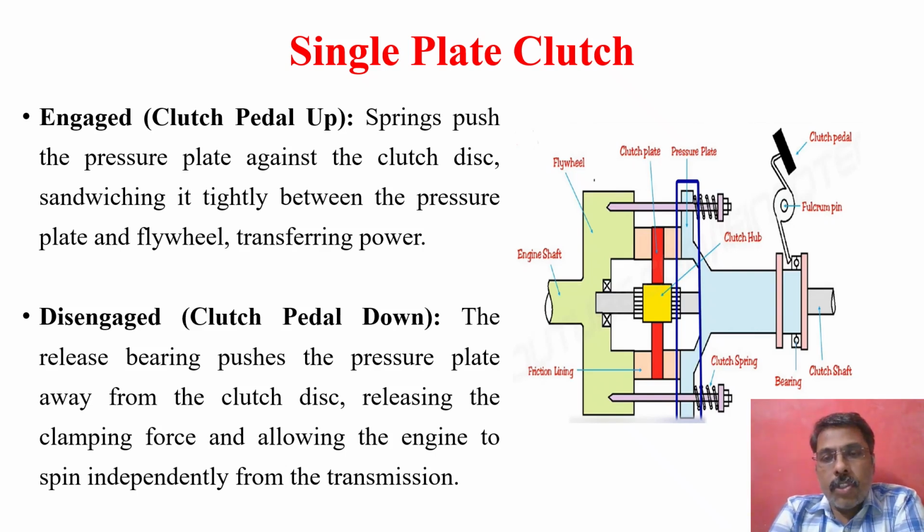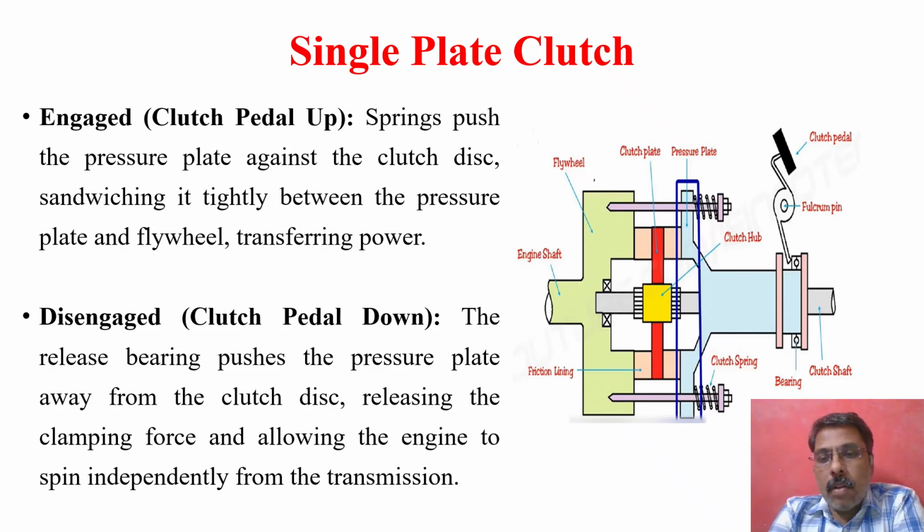In a single plate clutch, the main component is the clutch plate. It uses only one set of clutch plates, which is called the frictional unit, and then the flywheel, pressure plate, clutch pad, fulcrum point, clutch hub, and spring.